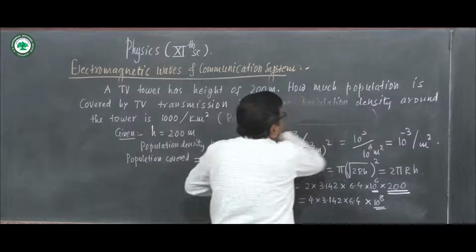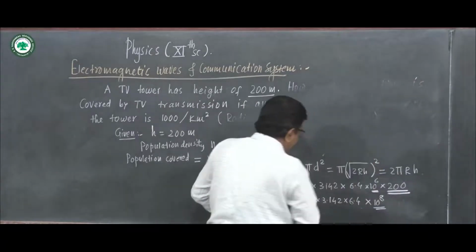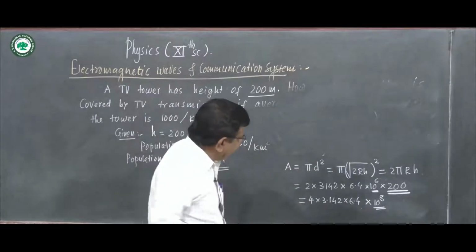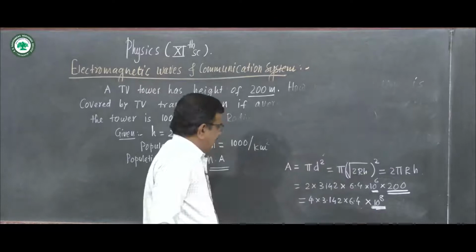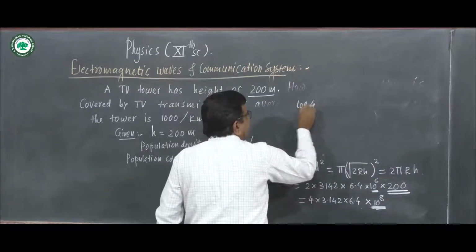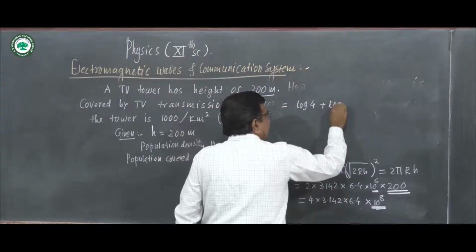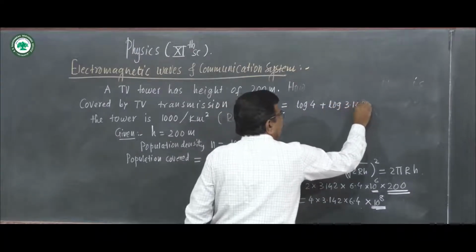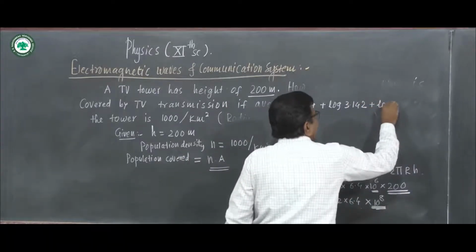Now we solve this much part by using the logarithm, and then that answer will be multiplied by 10 raised to 8. So this is log 4, plus log 3.142, plus log 6.4, as there is a multiplication.